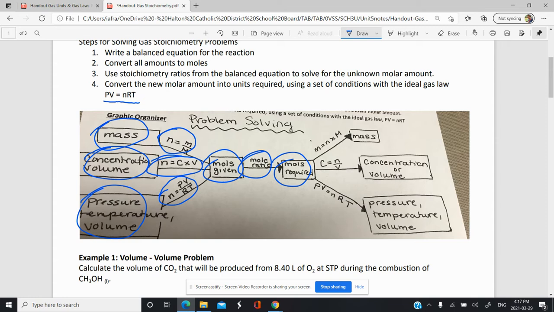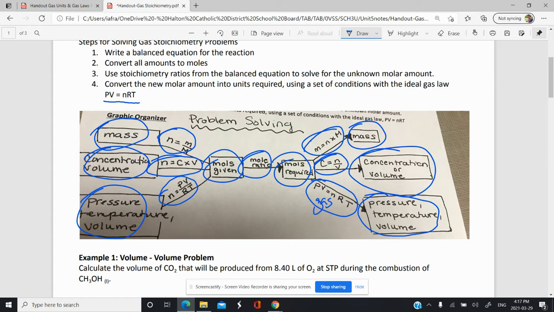If you have the moles of what you found, you can convert to mass using this equation here. You can convert to concentration or volume using C = n/V, or you can rearrange it to find the volume. You could also convert to pressure, temperature, or volume of a gas using PV = nRT. This specifically is for a gas, so that's what you want to use it for.